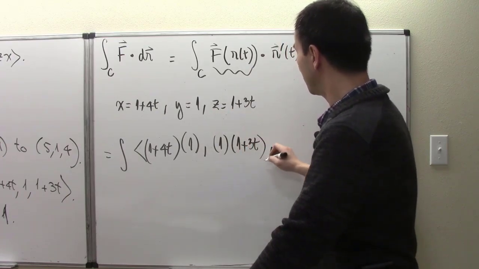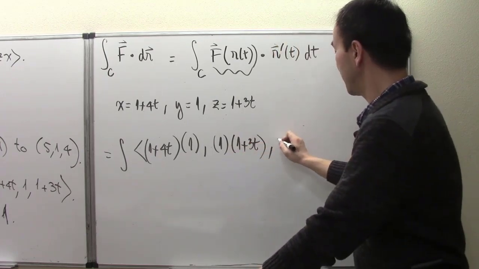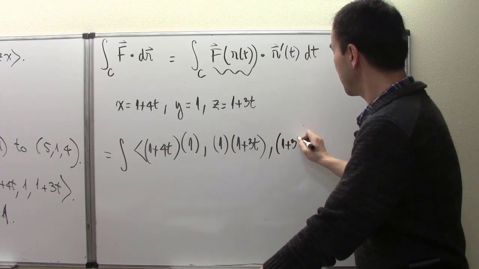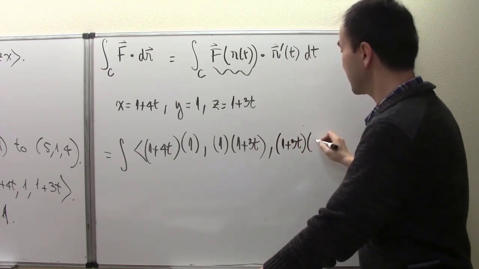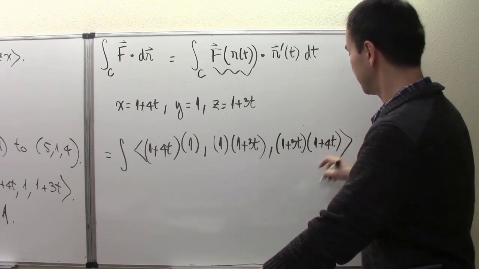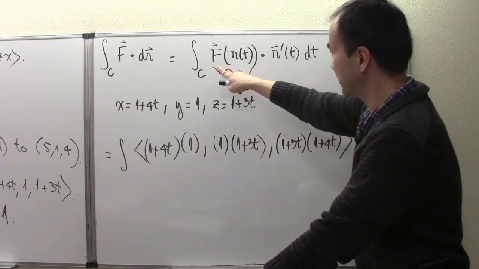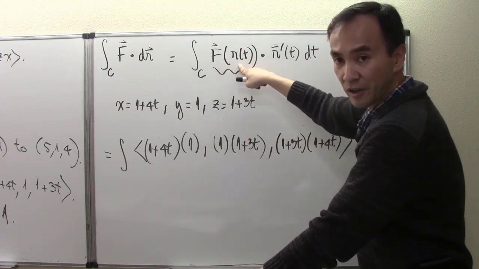Comma, and then I have zx, so 1 plus 3t substituted for z, times the x value, 1 plus 4t. So all of this as a vector is the x, y, and z components of the vector F at R, F of R.